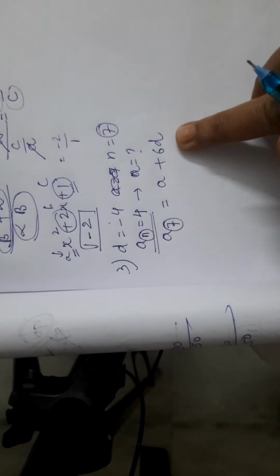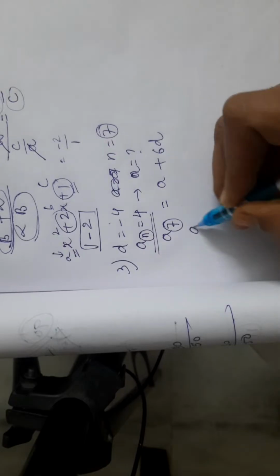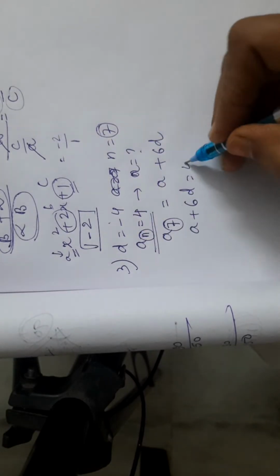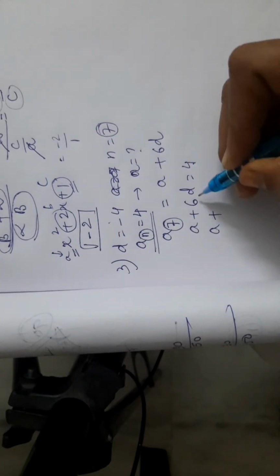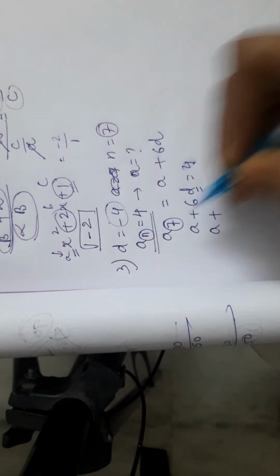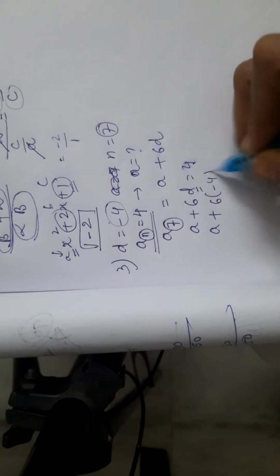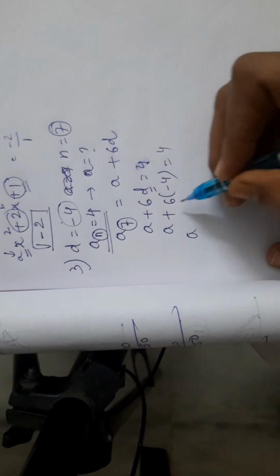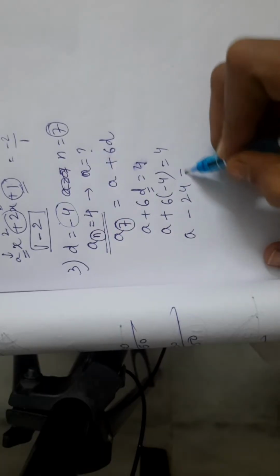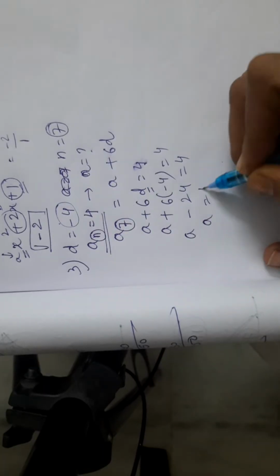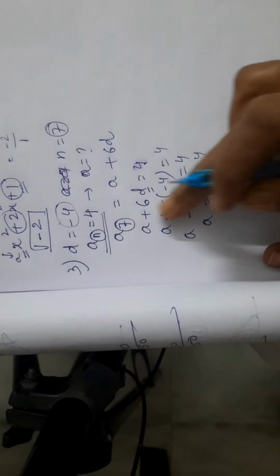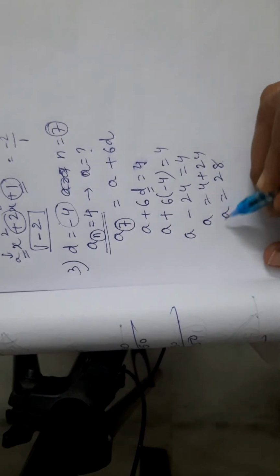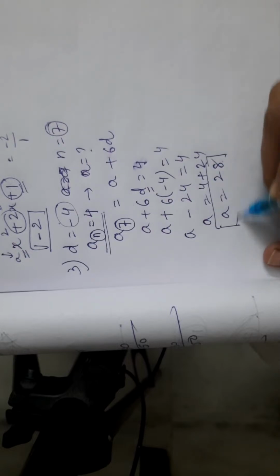It's a plus 6d, and a plus 6d is equal to 4, where the value of d is given as -4. Replace d with -4. So finally, it's a minus 6 fours, which is 24, equal to 4. So a is 4 plus 24. Shifting this 24 to this side, it's 28. We got the value of a as 28.